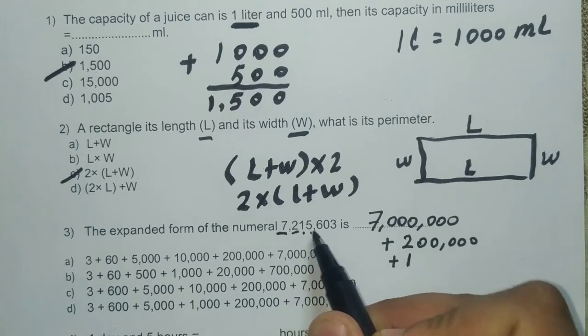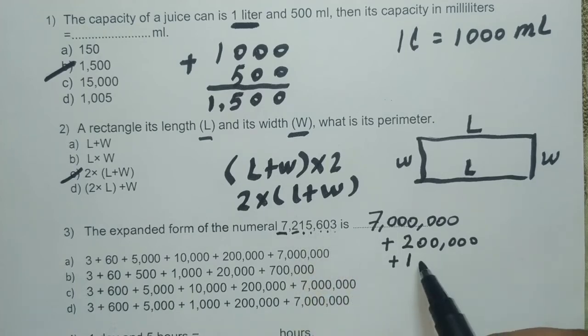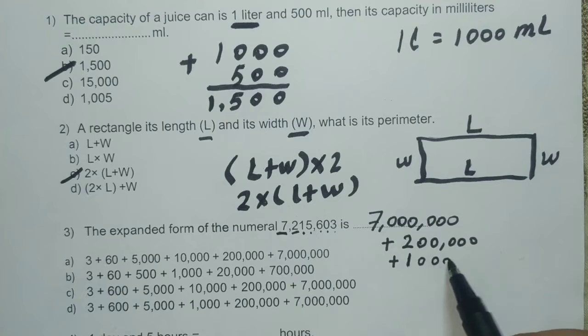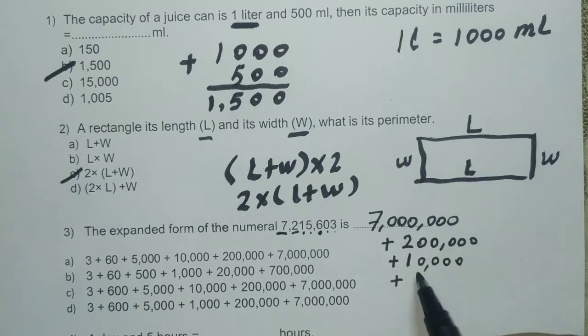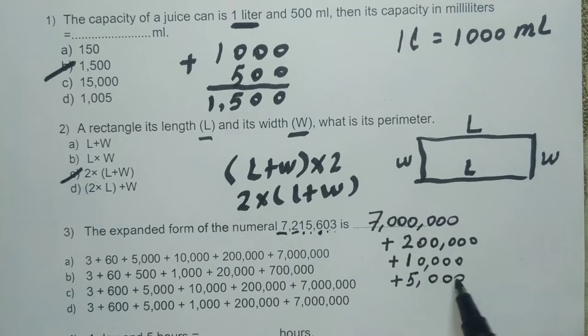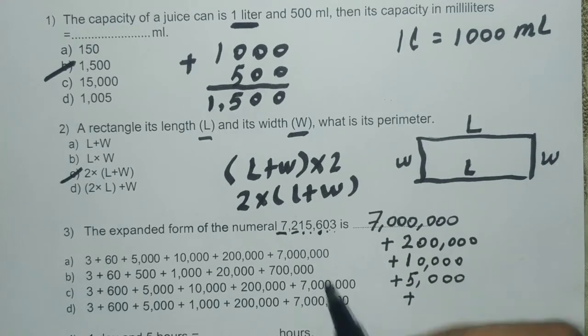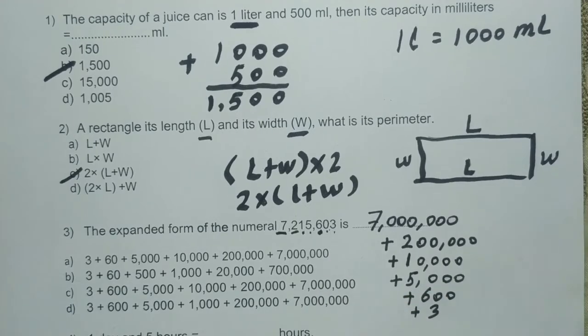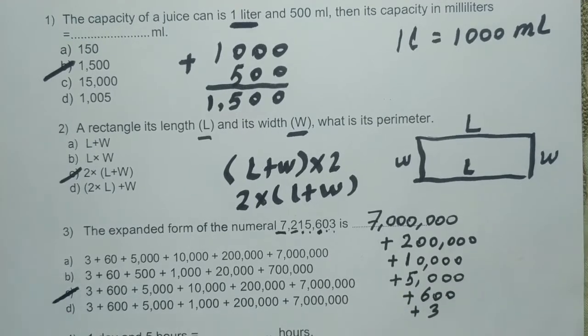I will count 1 2 3 4. So 1 and 4 zeros plus 6 in 1000, 5 in 100, count 1 2 3 1 2 3 plus 6 in 100, it will be 600 plus 0, I will not write it, and 3. So the answer will be number C.